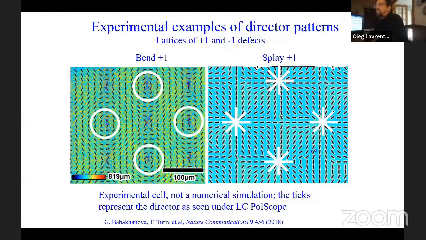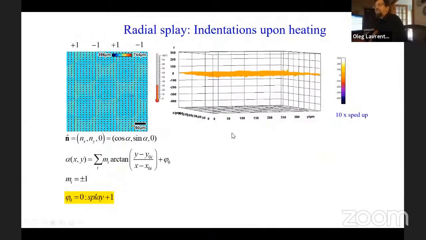And let's see what would happen if we have such a pattern coating and change the temperature of it. So this slide shows the situation with the predominantly radial in-plane orientational order. The formula for this order is presented on the left. So when you heat the sample, you observe dramatic changes.